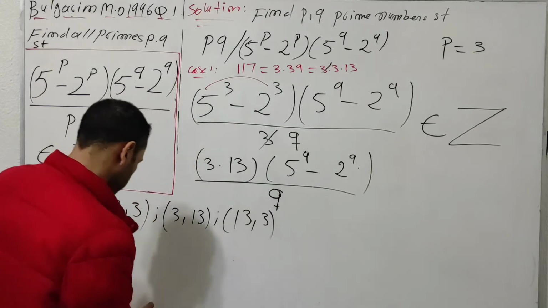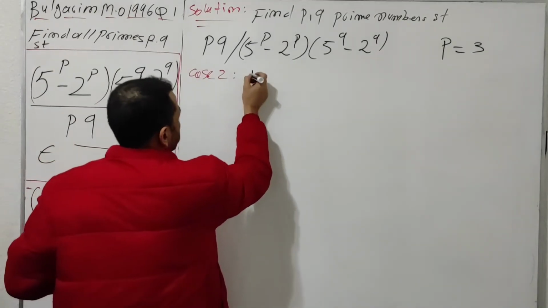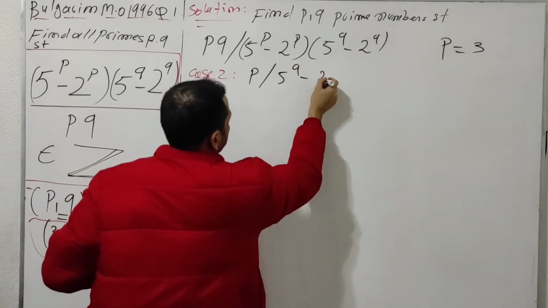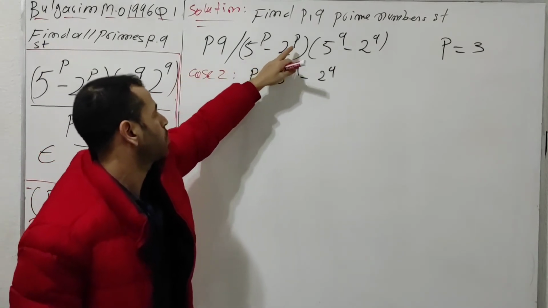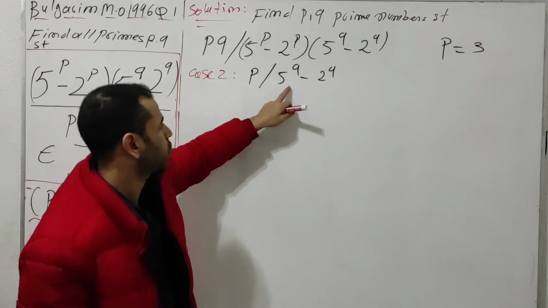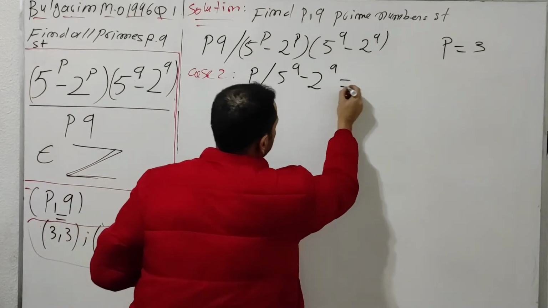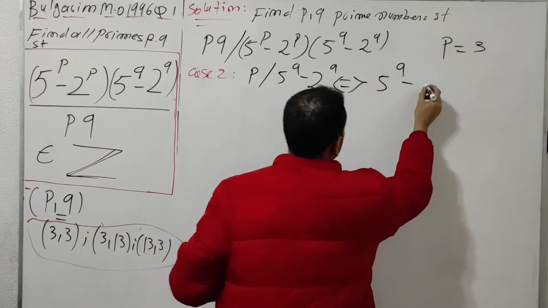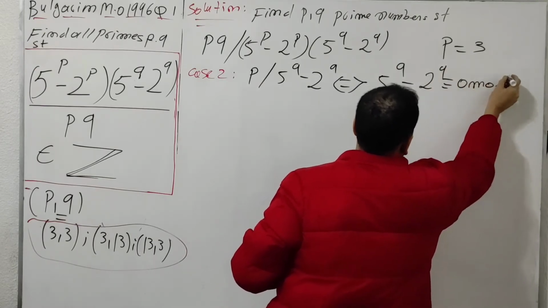Now in this step I'm going to consider the case when p divides 5 to the q minus 2 to the q. Previously we saw p dividing 5 to the p minus 2 to the p. Now we are going to see p dividing this term, 5 to the q minus 2 to the q. This is equivalent to 5 to the q minus 2 to the q congruent to 0 mod p.